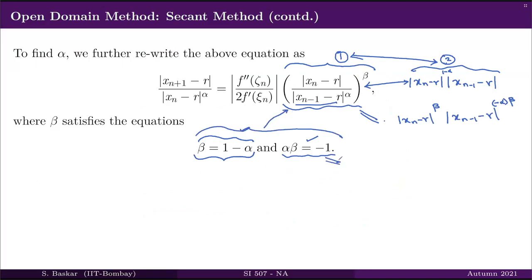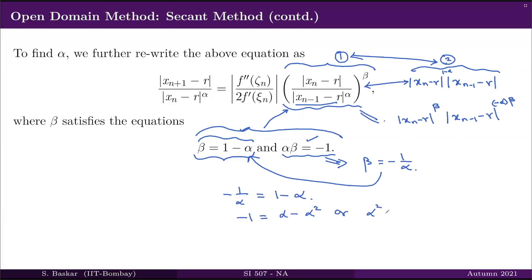Well, this immediately says that beta is equal to -1 by alpha, and that I will put here to get -1 by alpha is equal to 1 - alpha, and that gives -1 is equal to alpha - alpha squared, or alpha squared - alpha - 1 equal to 0.